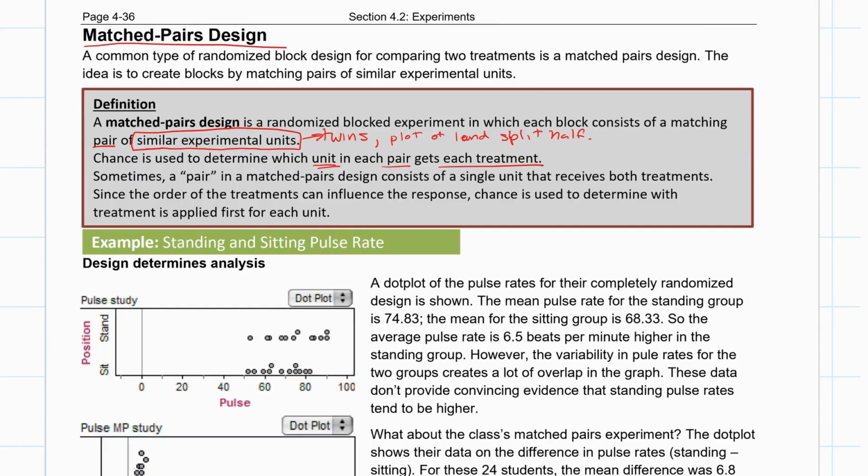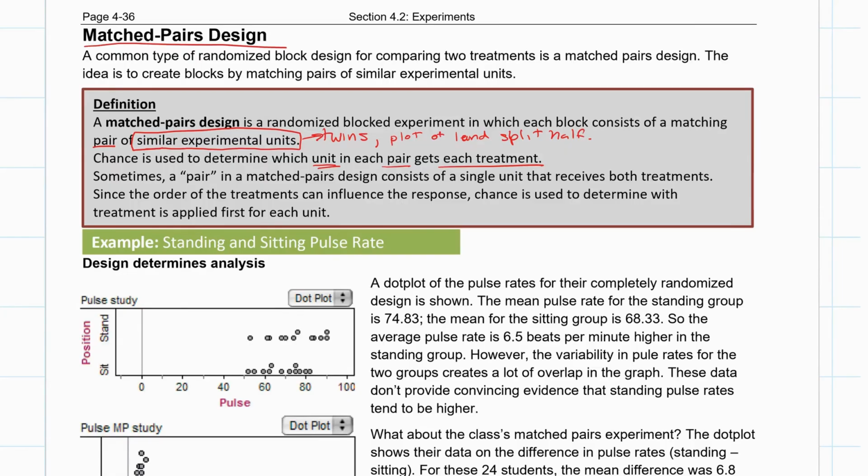So you have a pair of twins, one of them's going to get an acne treatment and one of them's going to get a placebo. You've got a plot of land that you divide in half. One half of that plot of land is going to get herbicide A, and the other plot of land is going to get herbicide B. And what you end up getting is, again, two things nearly identical, and the only thing that's different between them is the treatment.